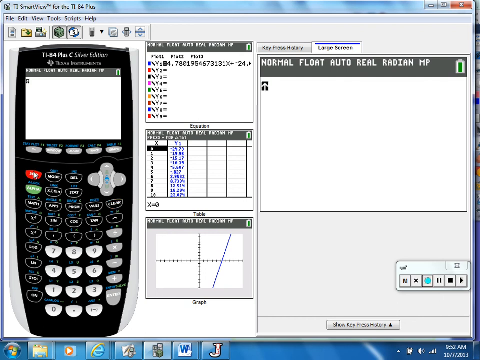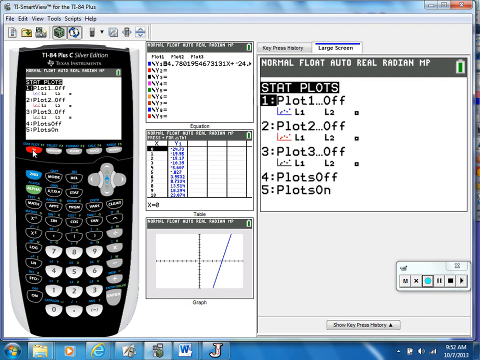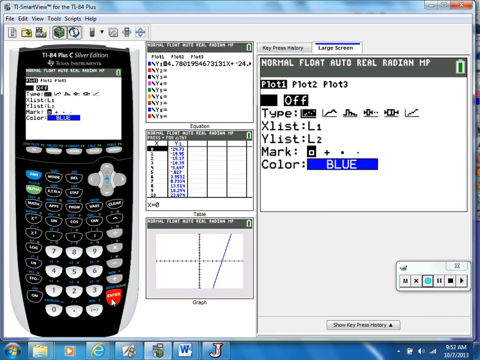So I have to click the blue key and then click that. And I'm going to click enter on number 1. And I'm going to click enter on the word on. And notice mine says X list is L1, Y list is L2. You guys see that? Yours the same thing? Okay. So I'm going to go ahead and click graph.